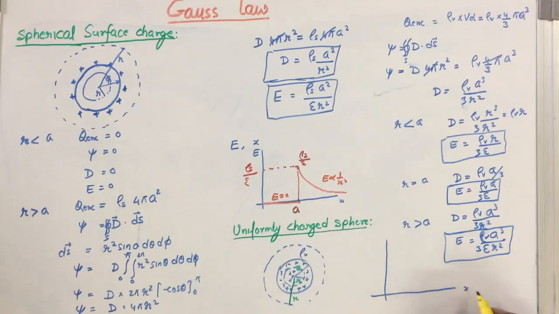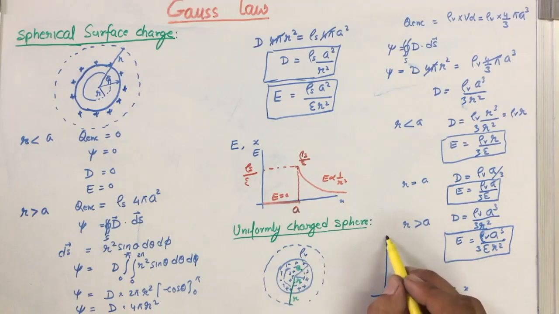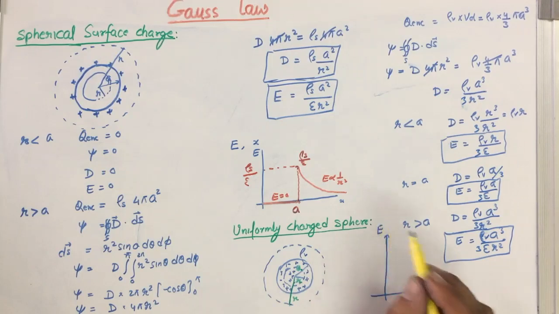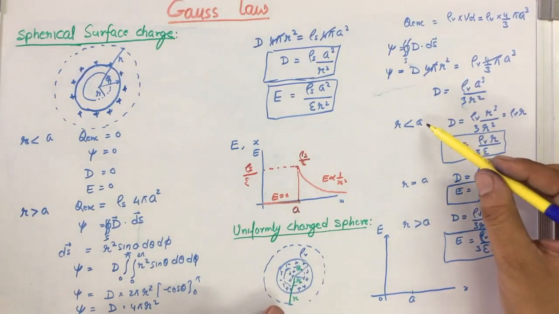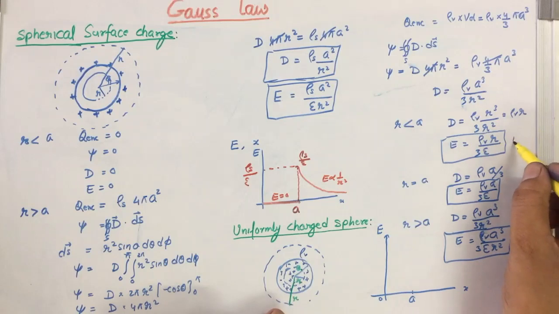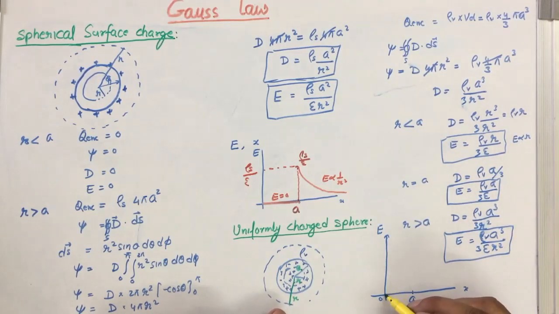Again, this is our position from the center of the spherical charged body. Here it is E. From the center of the sphere to the radius of the sphere, when r is less than a, up to a it is varying proportional to r, so there will be a linear variation.